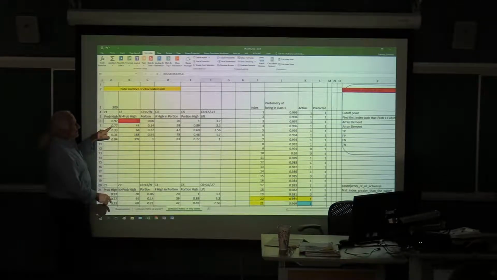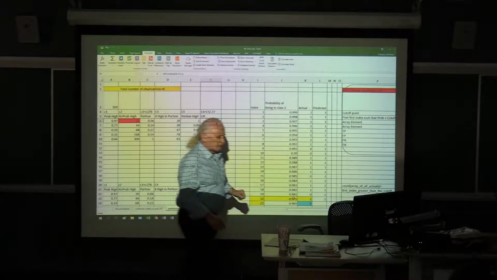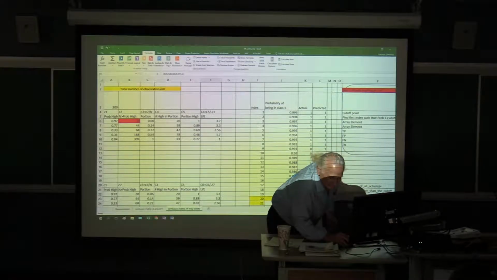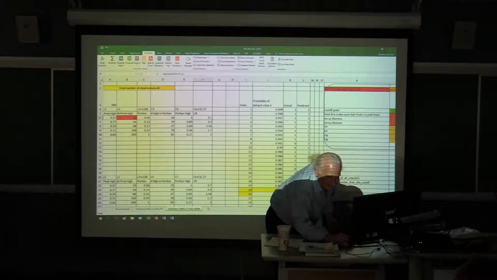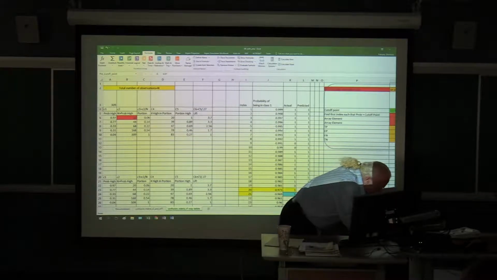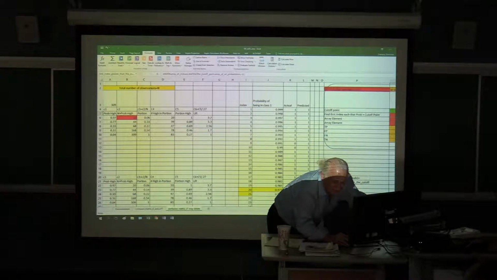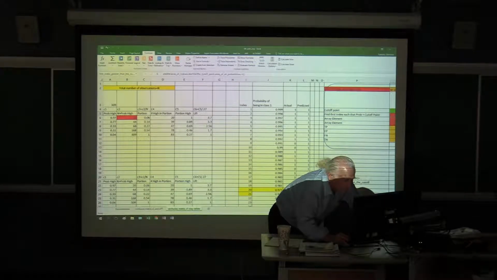When I make 0.77 my cutoff point, and I can go here, see 0.77, 0.77. Do you see the 36 plus 8? That's this 44, the total.